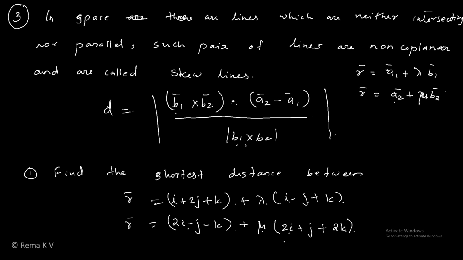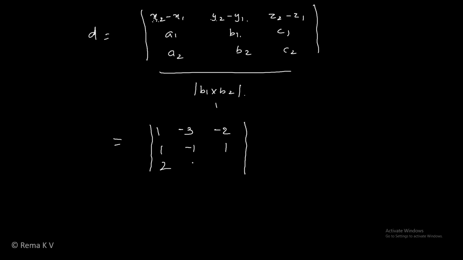Now a2, b2, c2 is the scalar components of the second vector here: 2, 1, 2. Then divided by the modulus of b1 cross b2.